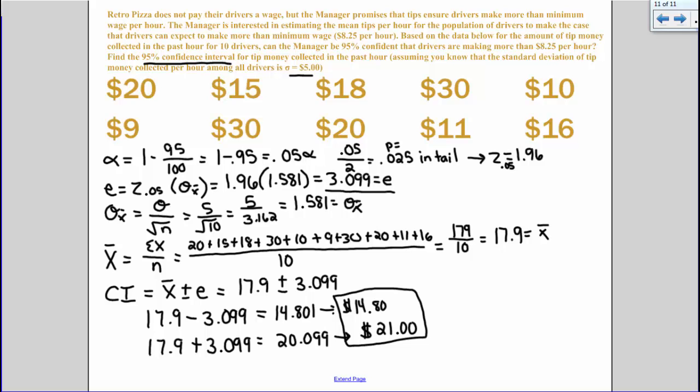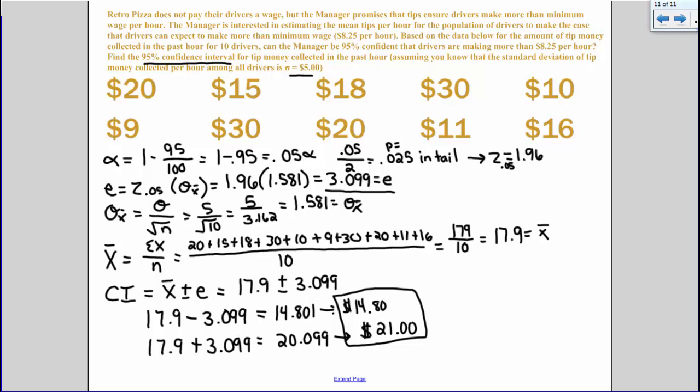We don't want it to be there because we're hoping that they make more than minimum wage. So, we are 95% confident that Metro Pizza drivers make between $14.80 and $21 per hour in tips. So, we're 95% confident that drivers are making more than $8.25 per hour in tips.